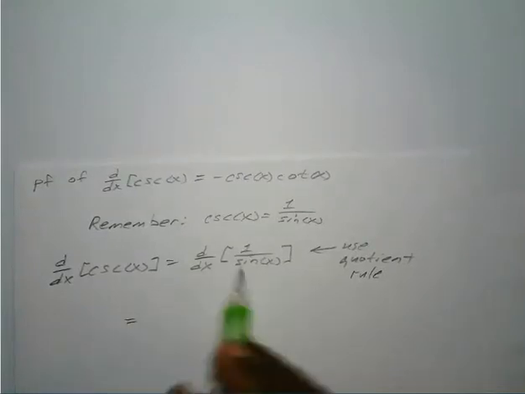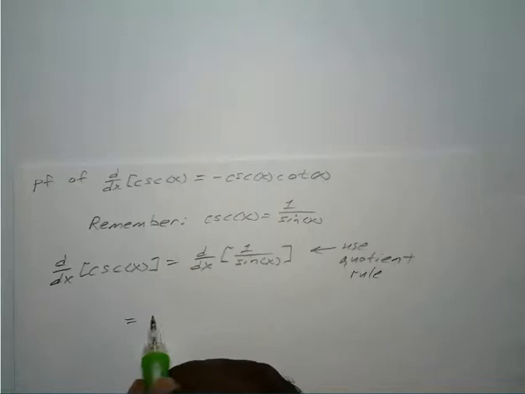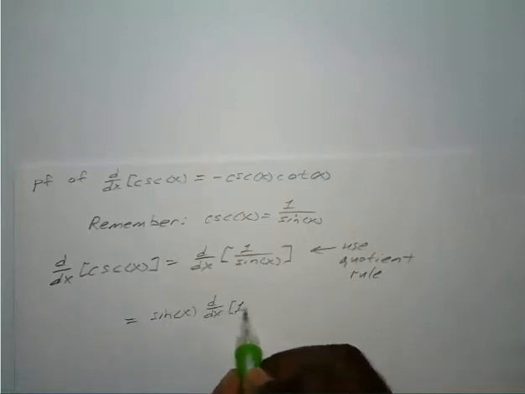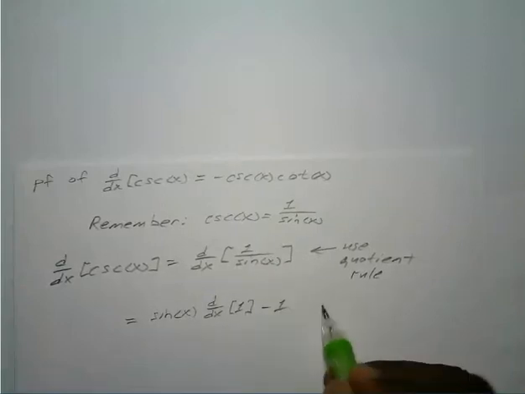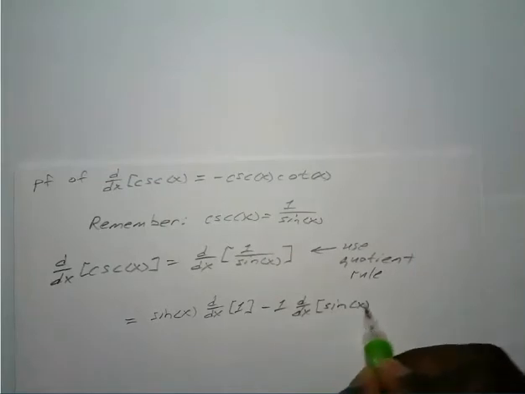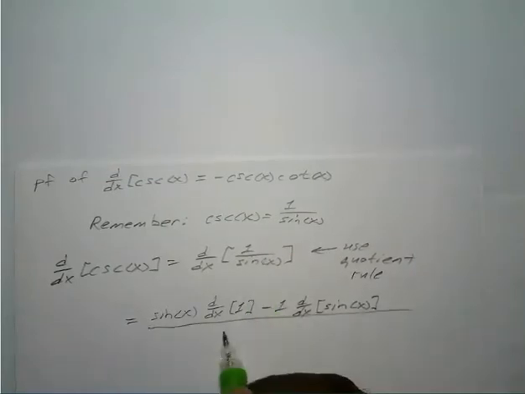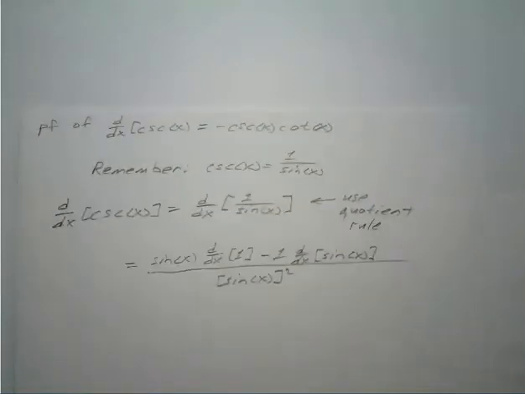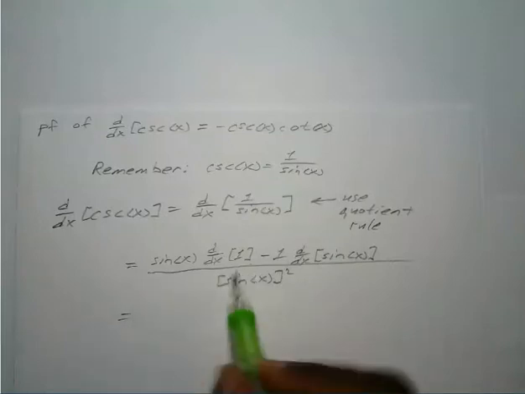All right, so that means you have your denominator times the derivative of your numerator, minus your numerator times the derivative of your denominator, all over your denominator squared. So here we know that the derivative of a constant is equal to 0.